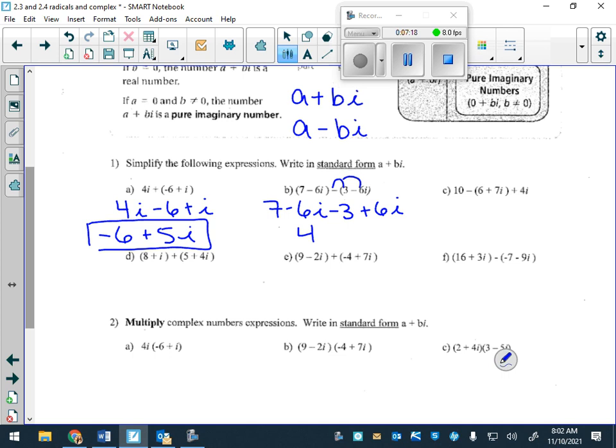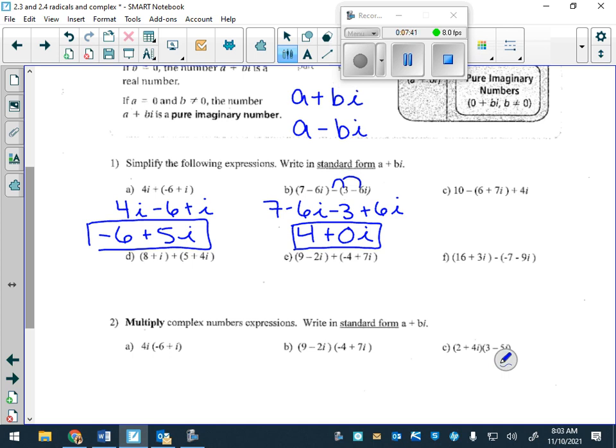Great. 4. -6i plus 6i. What happens there? It cancels out. But I'm just going to put a placeholder in and put 0i. So you see, you don't have to do that. It's just showing you that the imaginary solutions cancel out.